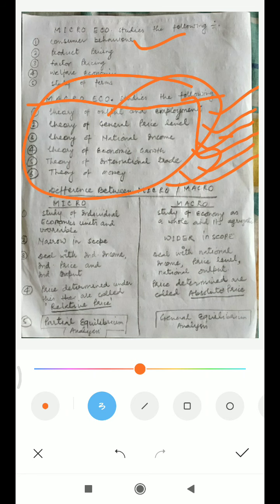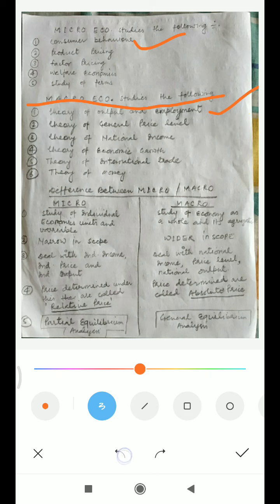Under macroeconomics, we consider all these points. We will study them in the next chapters. These all are the chapters of micro and macroeconomics, whatever we will study in the next classes. So for today, the definition of micro and macroeconomics and what it covers under micro and macro.